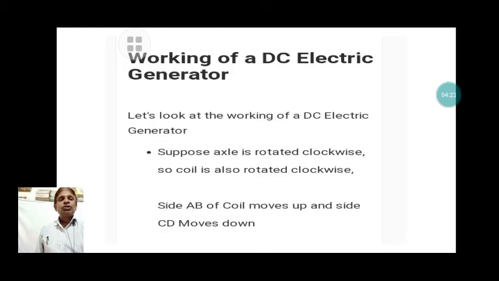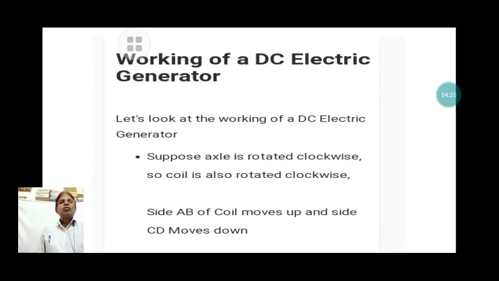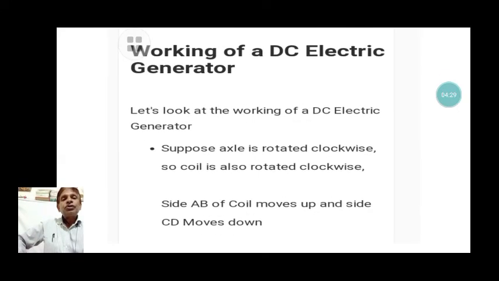Now I am going to discuss the working of the DC generator. Suppose the axle is rotated clockwise, so the coil is also rotated clockwise.